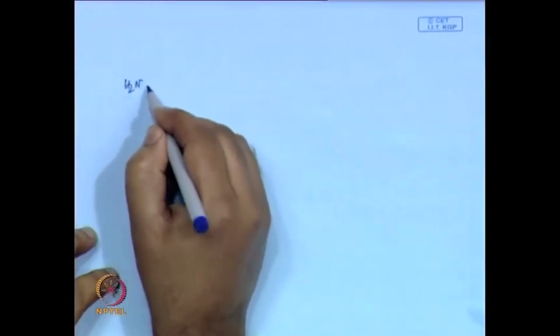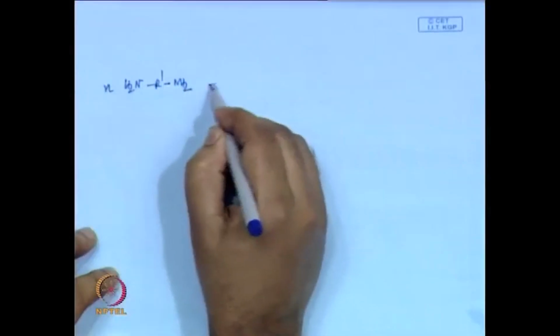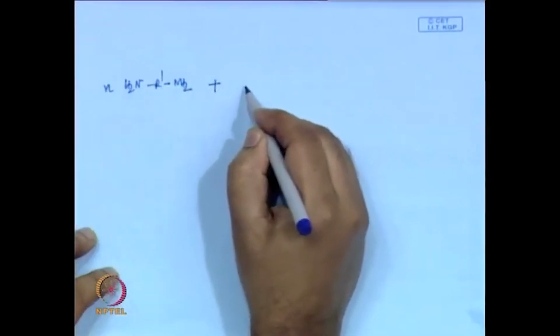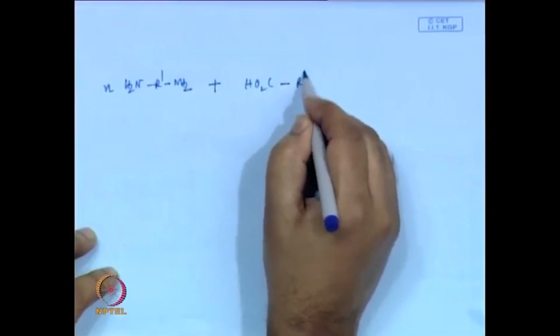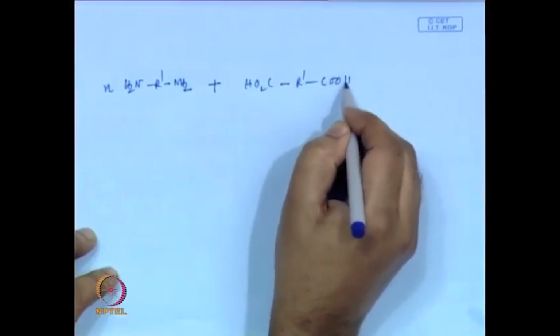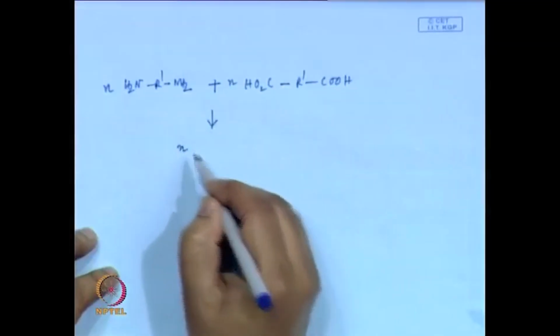To give you more examples, I want to make polyamides. So, I take this molecule and n molecules of this, which gives polyamides.